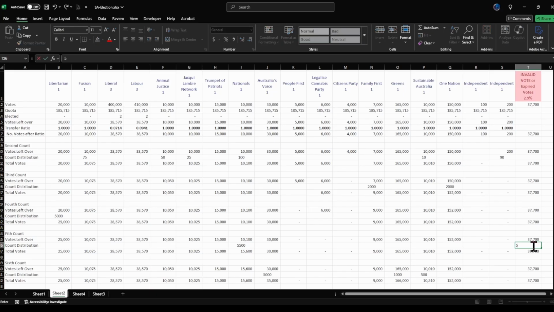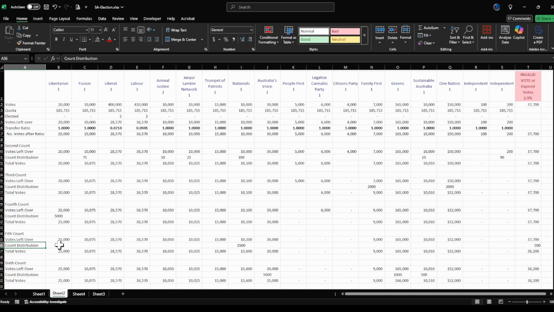So 500 goes in there, which effectively means those 500 votes can't go to the Libs, Labors or anything, because you've determined exactly when your vote expires. Anywhere after the top level 6 or the bottom level 12, you can make your vote expire. Okay, so now we're on our 5th count.